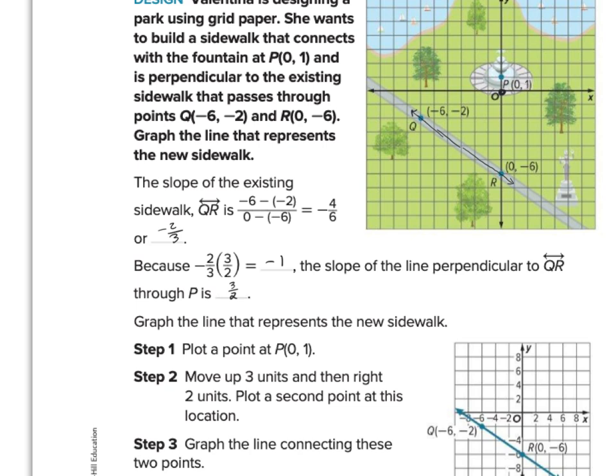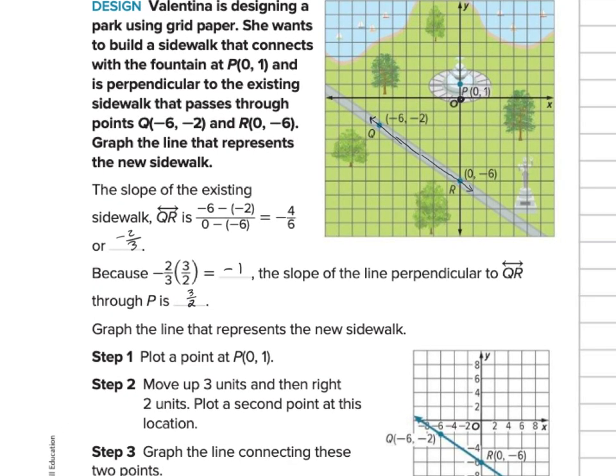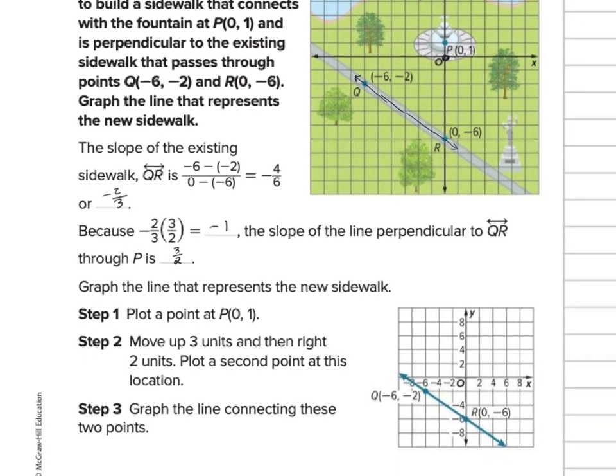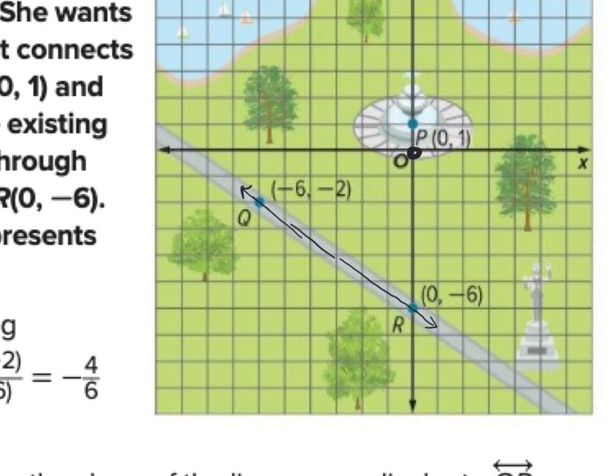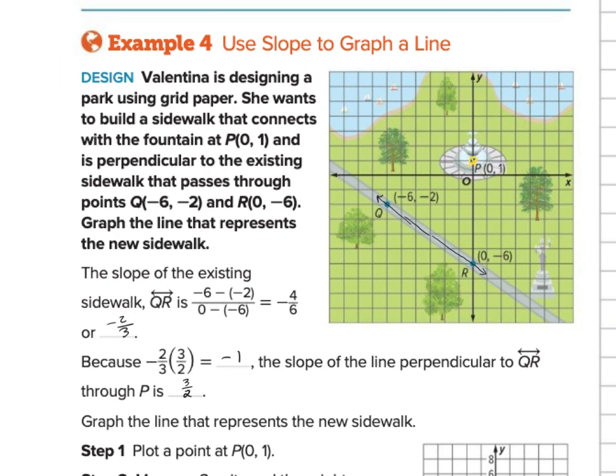Now let's see. Graph a line that represents the new sidewalk. Well, I'm going to do this the easy way. Thinking about it, if I want to go through that fountain, which I erroneously bubbled in the wrong place, if we start right here, and we want to have that perpendicular slope, we just said the slope should be 3/2.